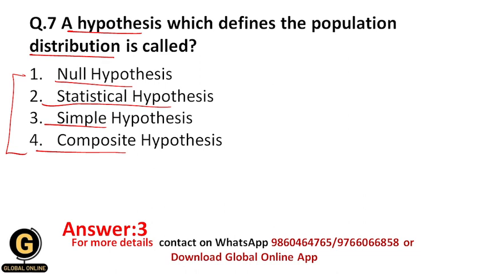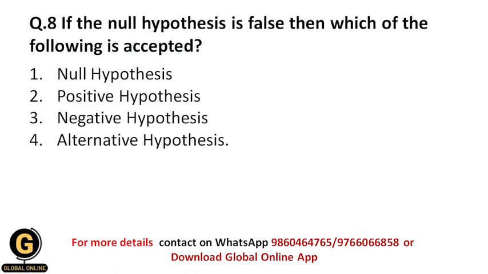Okay, now next, if the null hypothesis is false, then which of the following is accepted? Now this is the easiest question. When there is a null hypothesis and it is false, then what type of hypothesis do we accept?